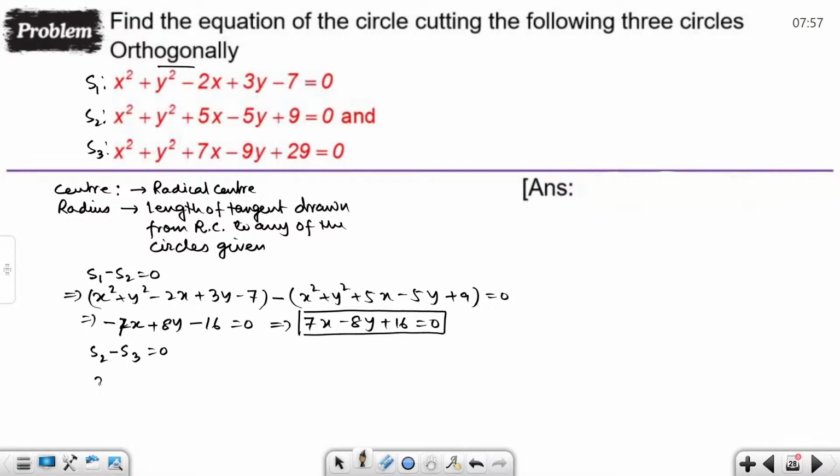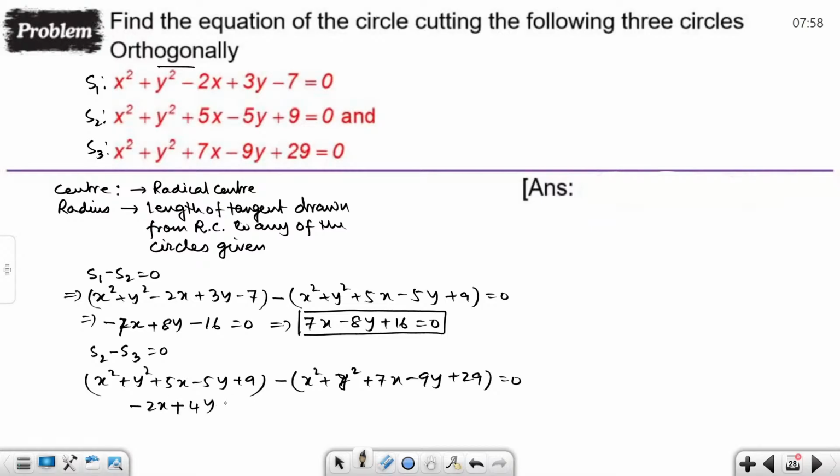So what are we getting? So from here we are actually getting x minus 2y plus 10 equals to 0. So this is the equation of the other radical axis.